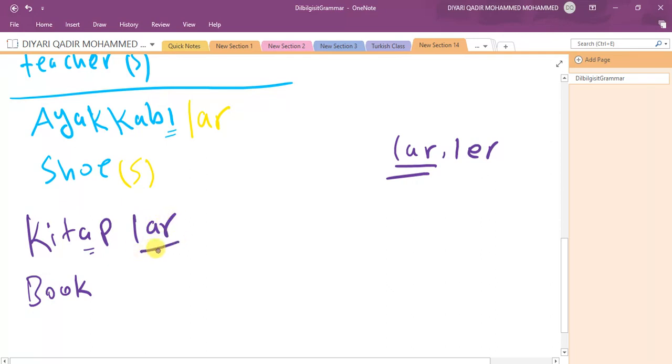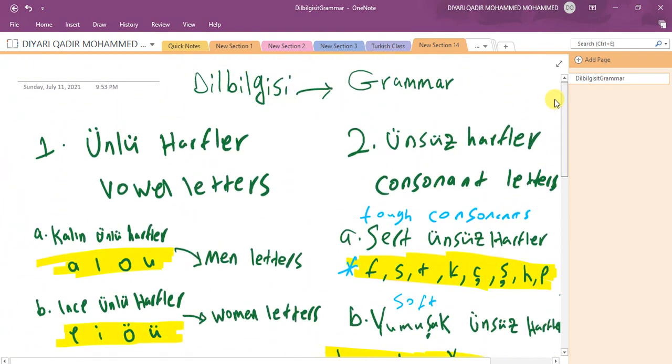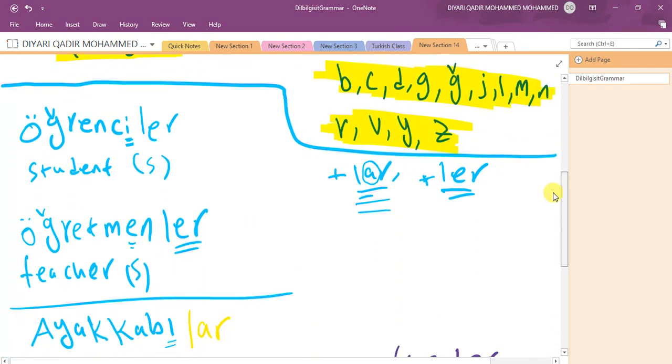Kitaplar. But be careful, you have to join it, not just make a space. So that means books. So we learn how to make a noun plural.